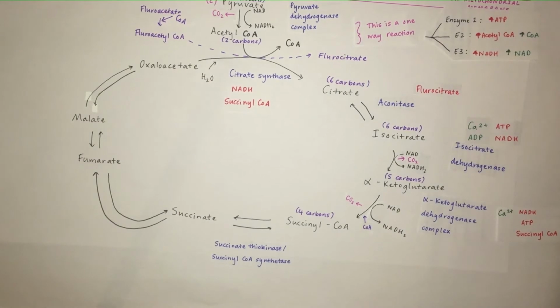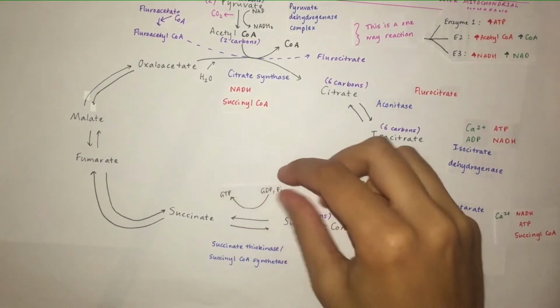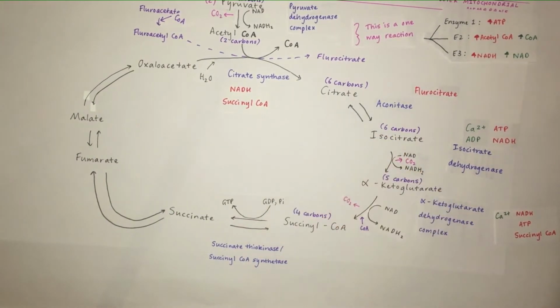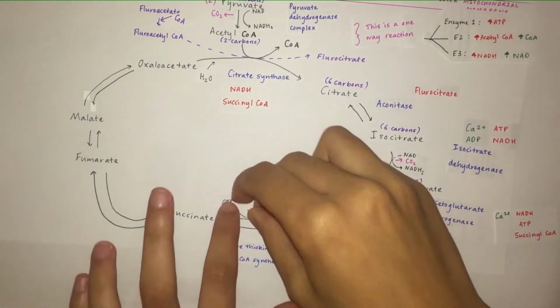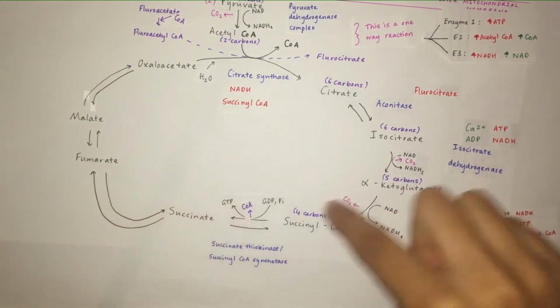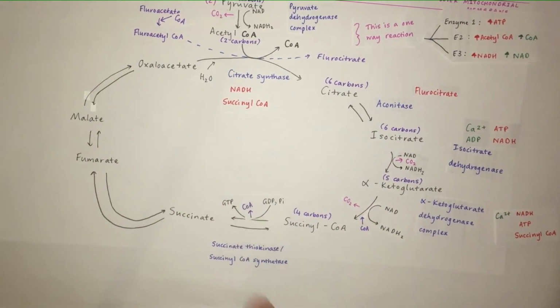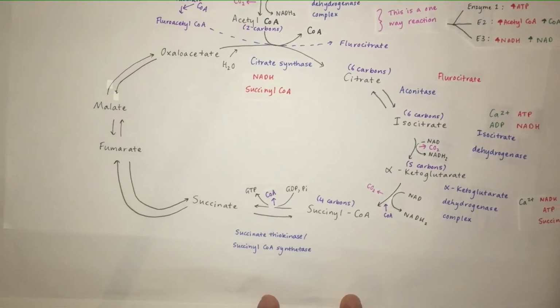So we have a GDP plus a phosphate being converted to a GTP, and we have to remove the CoA that we put in to get to succinyl-CoA. So we've got to remove that back out here because succinate doesn't have a CoA. So this requires energy, this process, as I said, so it's important.